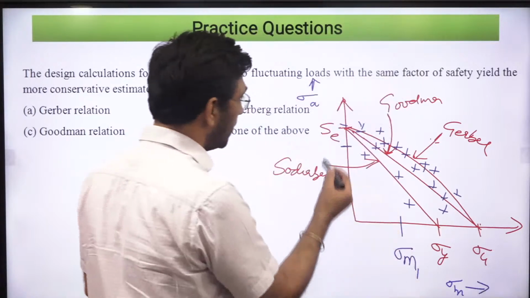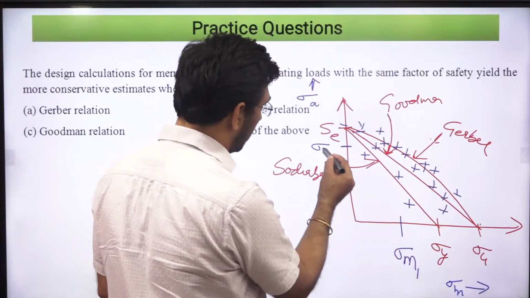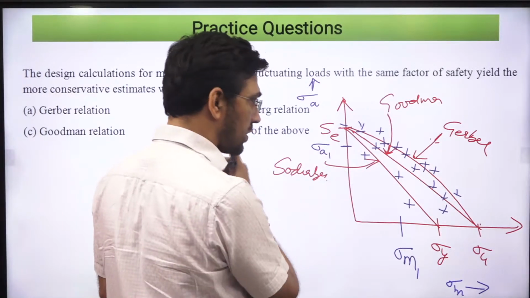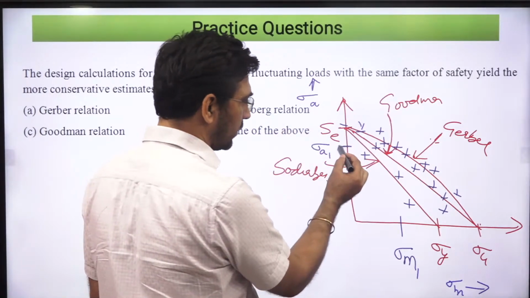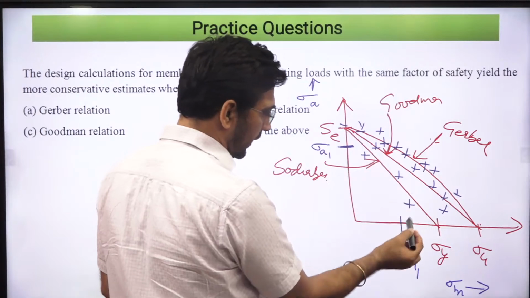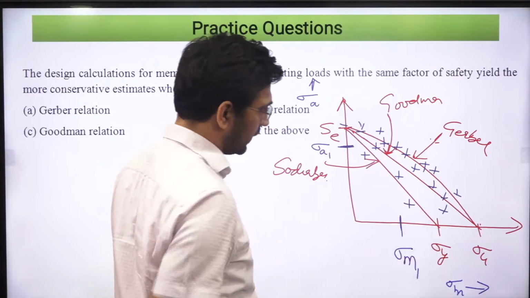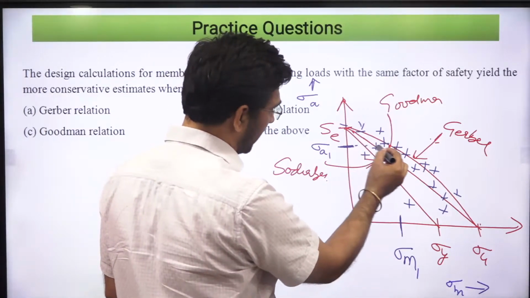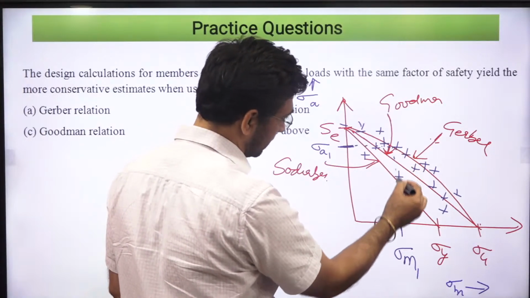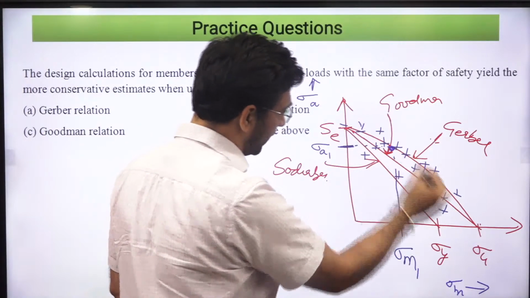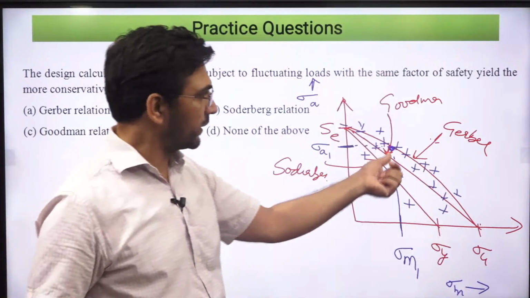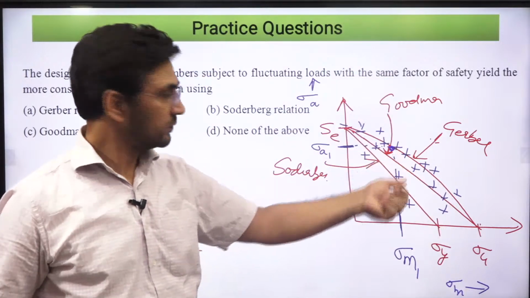I hope you know that. So let us say I am taking any value of amplitude, so you are subjecting the component to a stress amplitude of this one and mean value of this one. Now if I extend them, the actual component failed somewhere here. It will fail beyond that value, but okay, this becomes a limiting point.